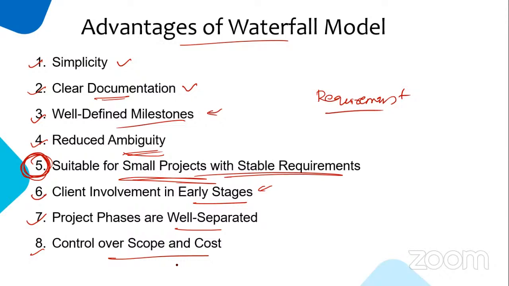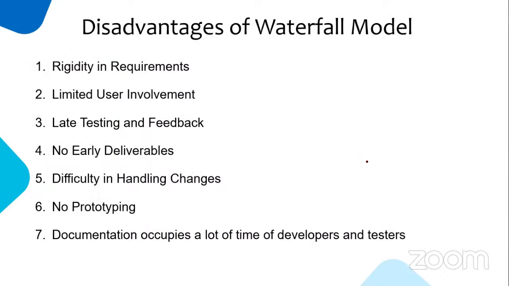So mainly the advantages: it's straightforward, simple, very good documentation, and then it's suitable for small scale project with stable requirement. These 3 points you should always remember. These are the advantages.